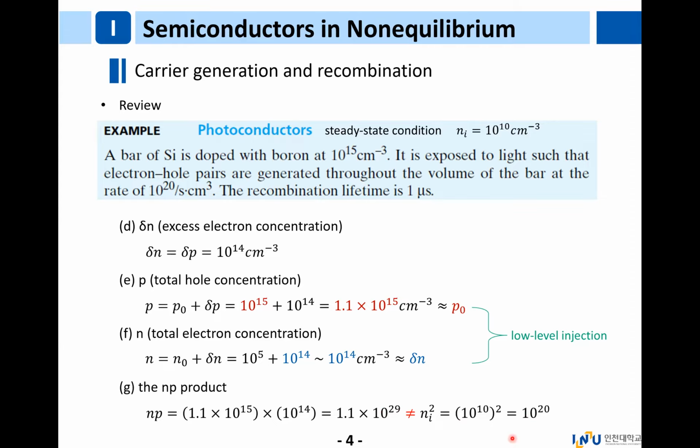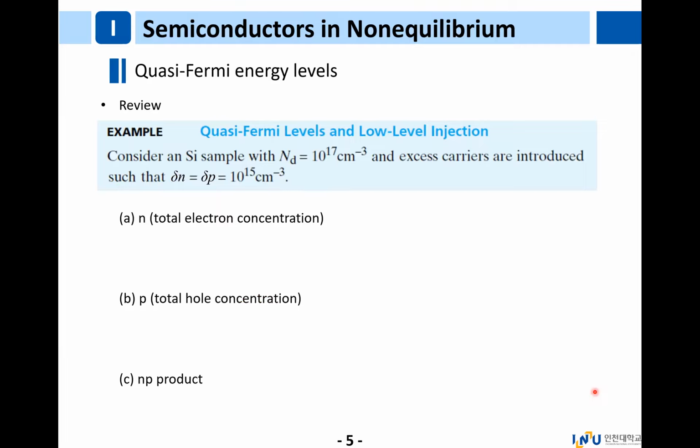That is, in a non-equilibrium state with excess carrier generation, we can confirm through calculations that the np product is no longer equal to Ni squared, right? So we can find out. And let's see the next example.